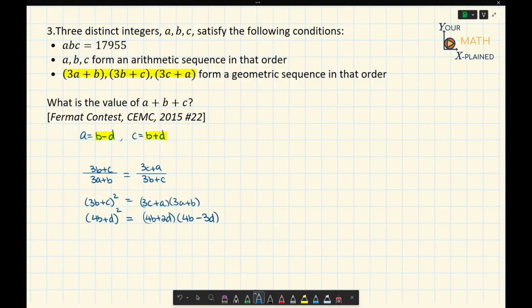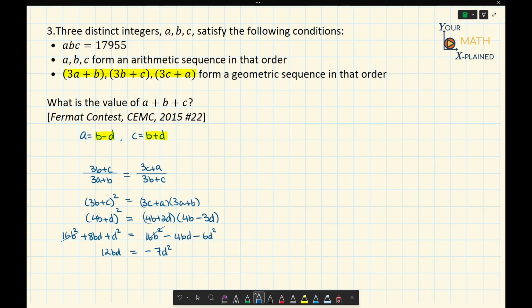And now expanding out both sides will give us 16b squared plus 8bd plus d squared is equal to 16b squared minus 4bd minus 6d squared. Now we can cancel out the 16b squared on both sides, and we get 12bd is equal to negative 7d squared.